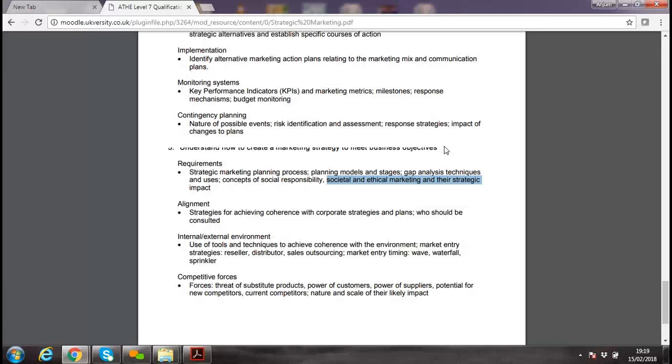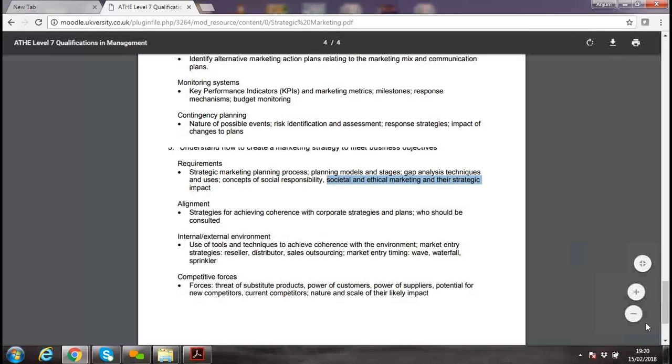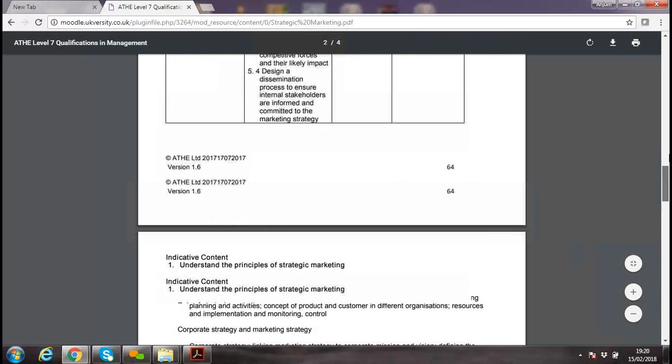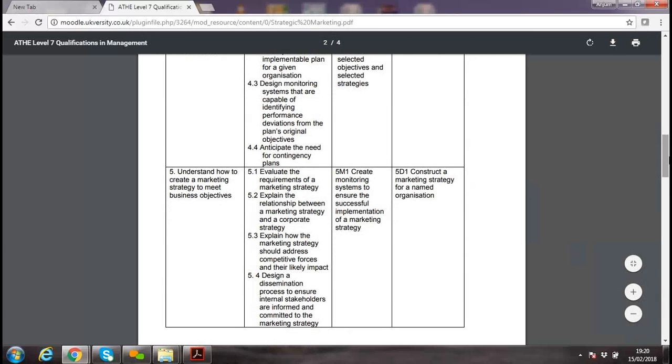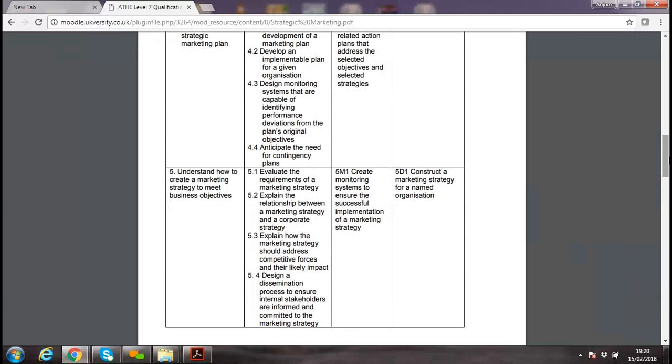So we discussed all these sorts of things. We covered up to learning outcome 4. Now we address learning outcome 5. LO5 is all about understanding how to create marketing strategies to meet the business objective. We already discussed that objective means the end result, what we really want to achieve as an organization. Evaluate the requirements to make a marketing strategy effective.